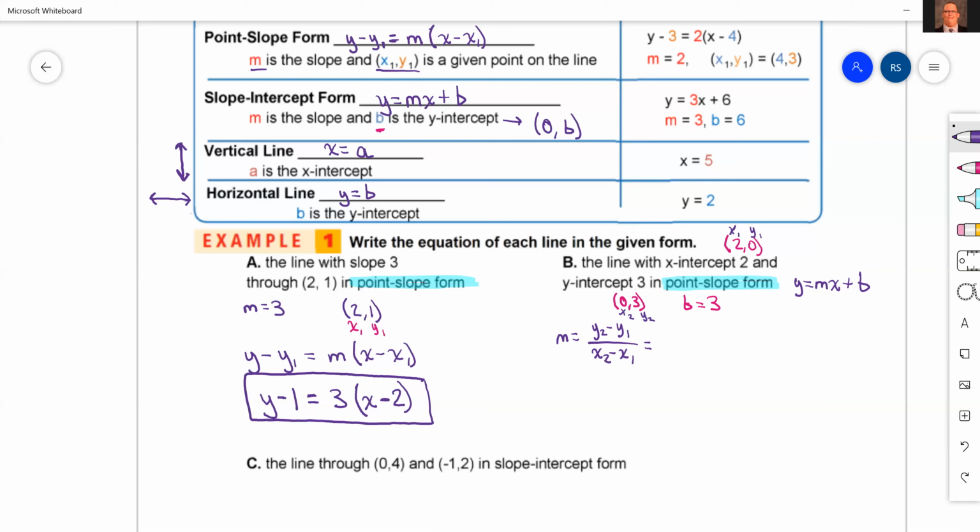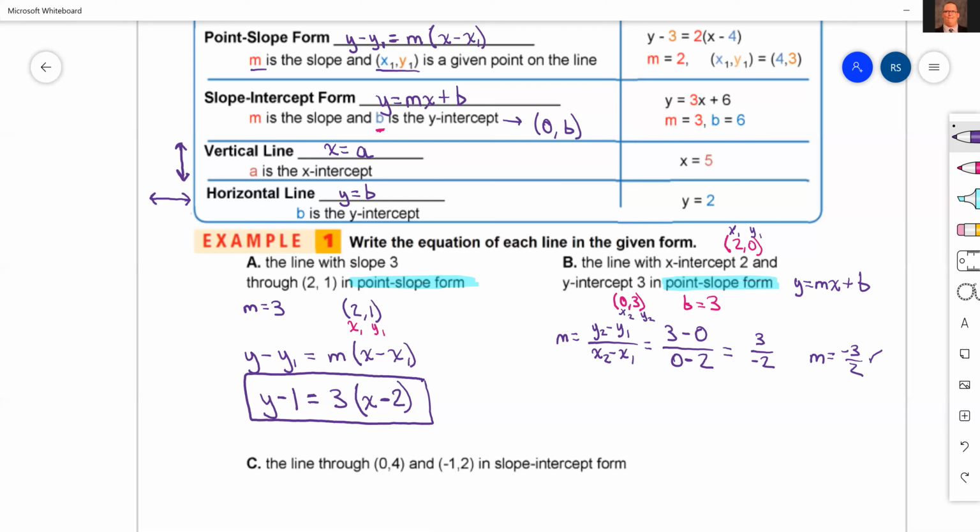So y2 is 3 minus y1, 0, over x2, which is 0, minus x1, which is 2. 3 minus 0 is 3. 0 minus 2 is negative 2. So that means our slope is negative 3 over 2.